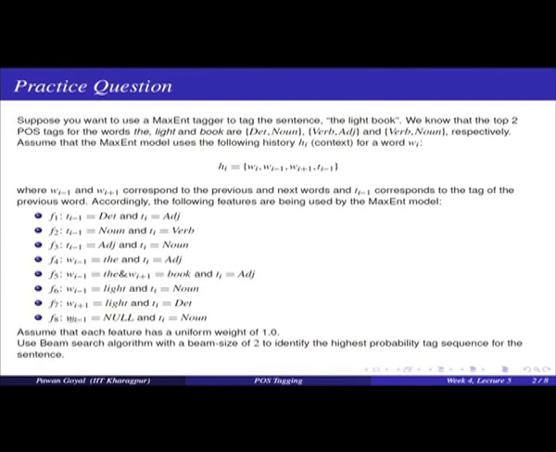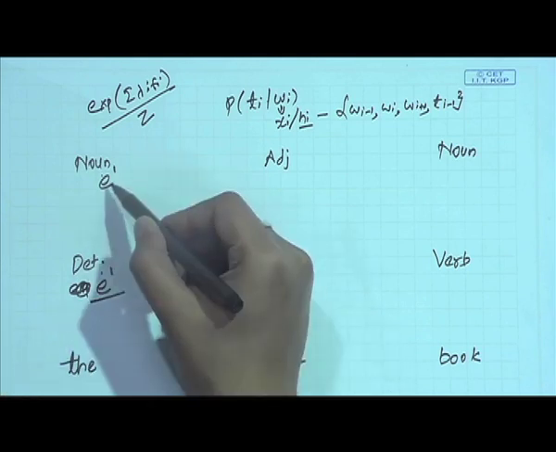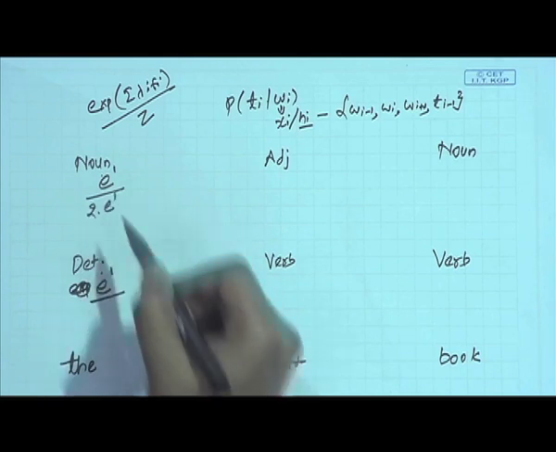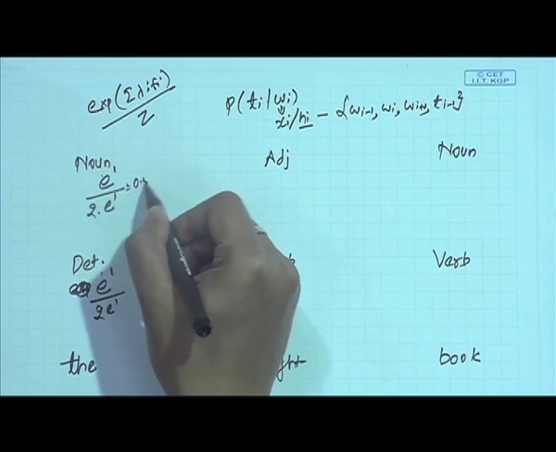This feature: previous word is null, yes, that is true, it is the start of the sentence, and the current tag is noun, so this will become 1. This is the only feature that becomes 1 for noun. So this is e to the power 1, and the normalization is this plus this, so 2 times e to the power 1 divided by 2 times e to the power 1. Both will become 0.5.